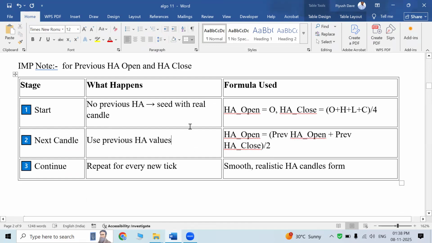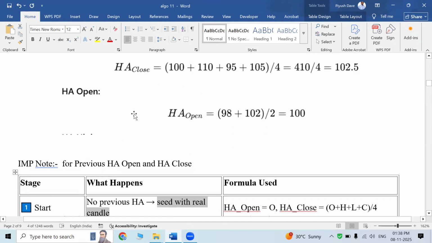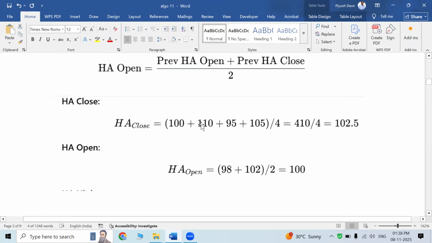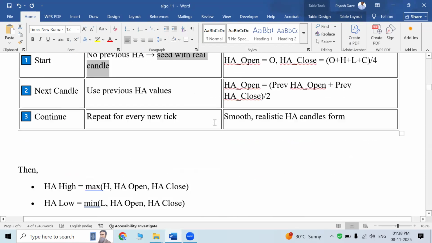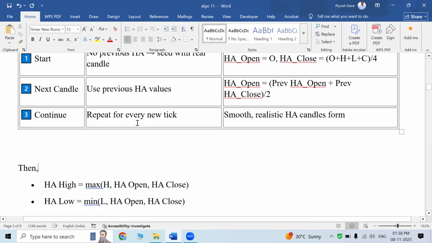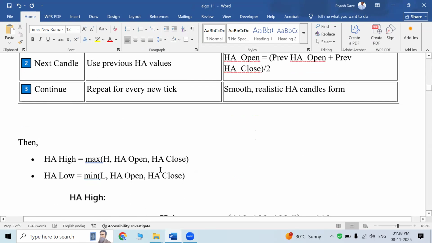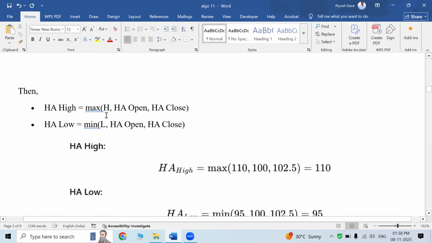For the first candle, we have a problem, so for the first candle we will seed it from the real candle only. And after that, HA open will be calculated from the previous open and the previous close.